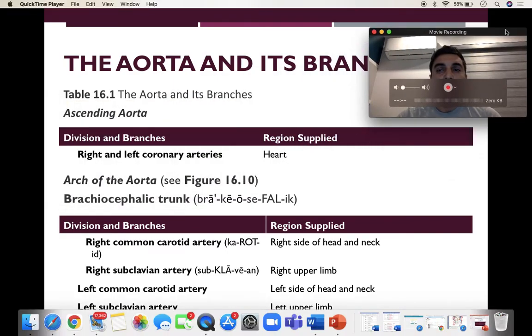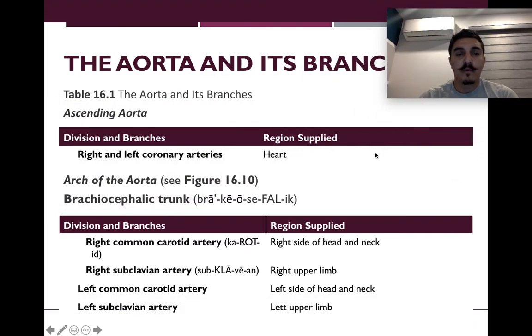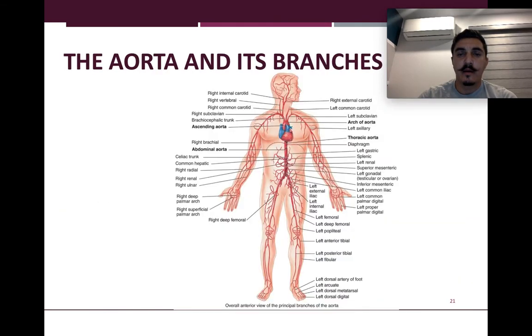Let me move this. So this is what I was talking about. We'll get into maybe different parts of those systems of blood flow into the body. I think the best way is to look at images and understand where they are, and they just make sense.